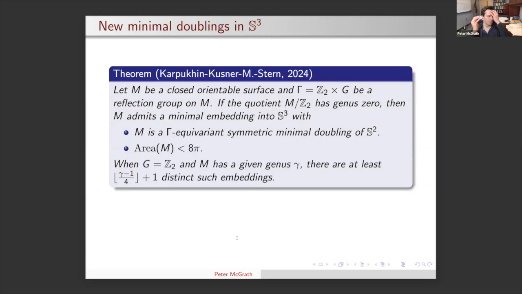In general, I think this is sort of a hopeless task because there are just so many configurations one might ask about. But this theorem that we've stated here does tell you that many configurations of doubling holes that you expect to give rise to a doubling do, in fact.